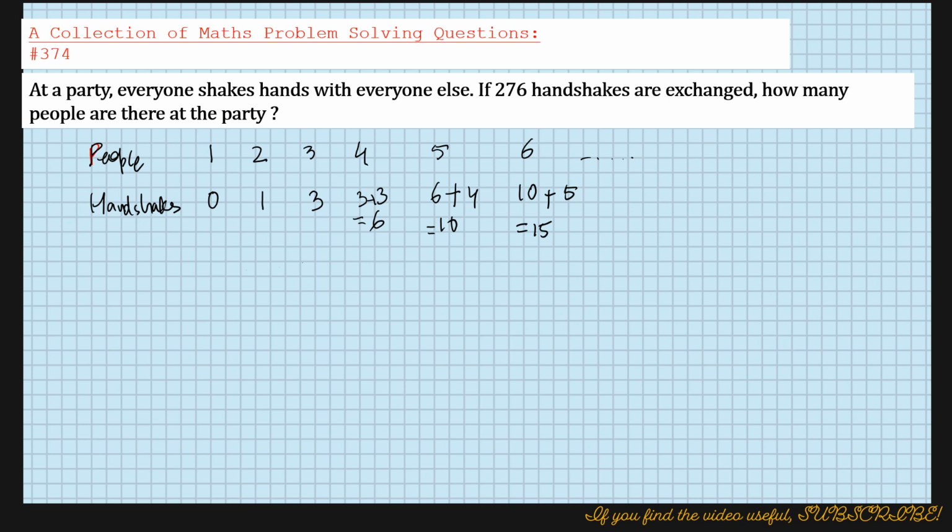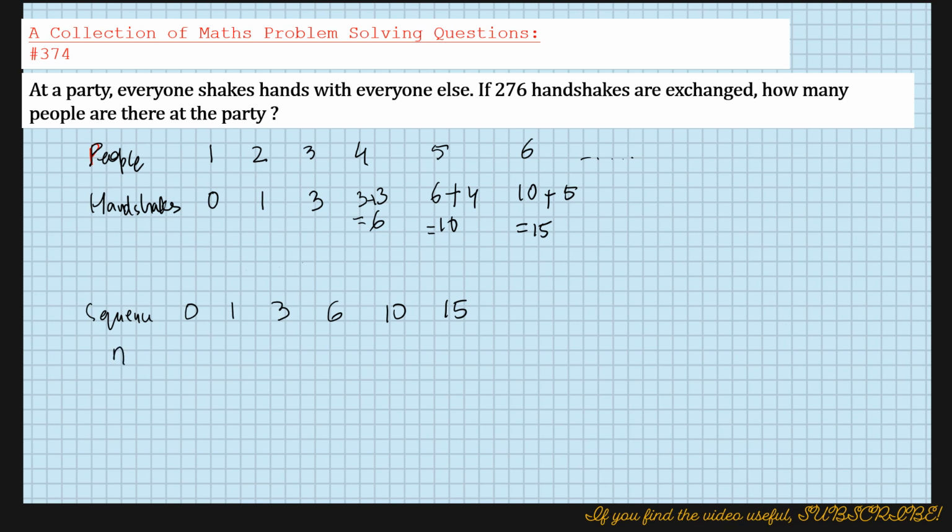So if we had n equals 1, the number of people, the term would be 0. If you write the sequence of numbers, it is 0, then 1, then 3, then 6, then 10, then 15, and so on.